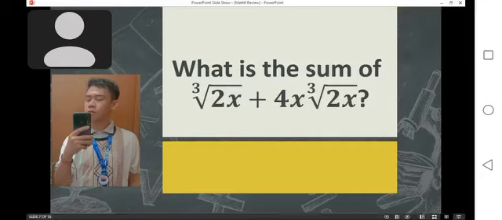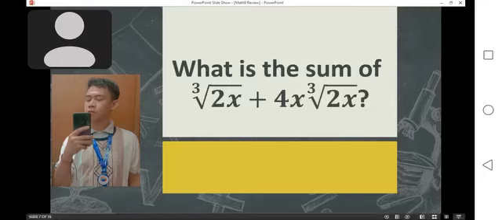In this case, our indices are 3 and our radicands are 2x. So they are the same, then we can simplify. In the first addend, we have 1 cube root of 2x, and in the second addend, we have 4x cube root of 2x. But if the number or variable before your radical expressions are not the same, then we cannot combine those.